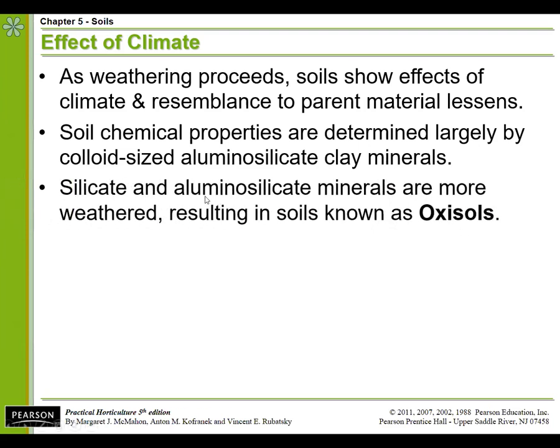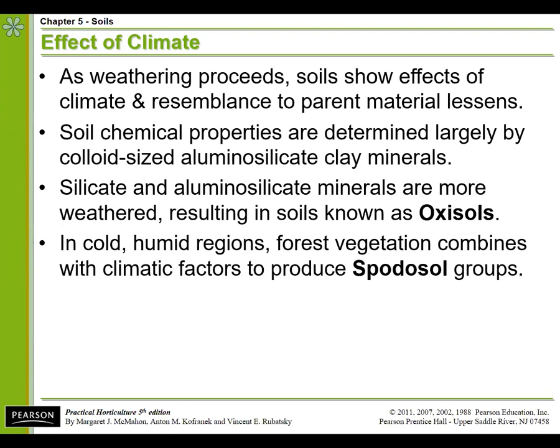So the silicate and aluminosilicate minerals are more weathered, resulting in soils that we know as oxisols. And whenever we get to this ending of the word S-O-L-S there, sols, that is referring to the orders of soils. There are 12 orders of soils worldwide. Those that are more weathered are oxisols.